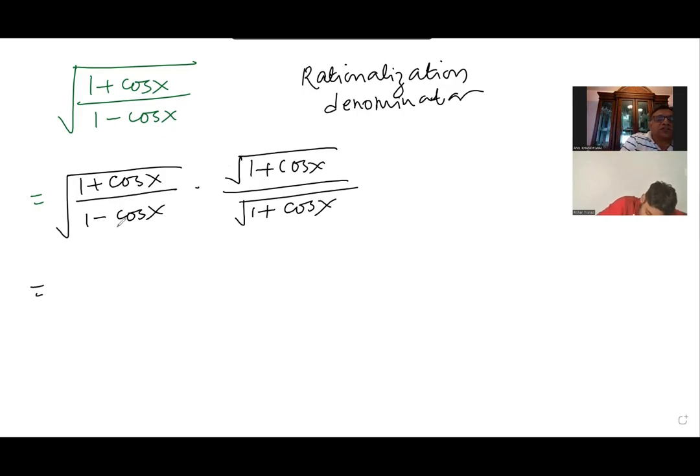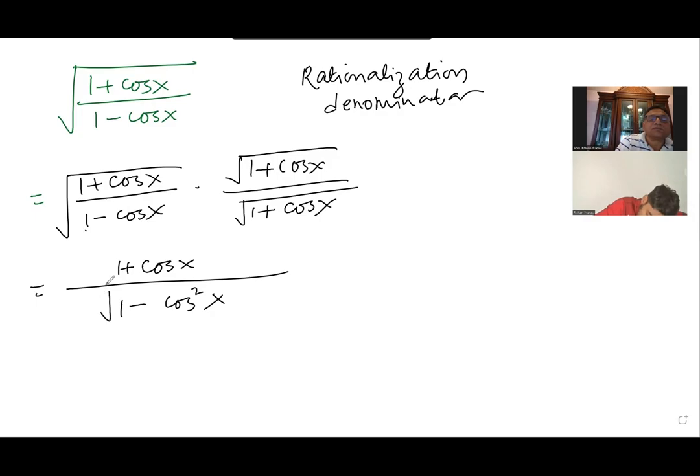And now you can expand this. The numerator becomes 1 plus cos x, whole square, and the denominator is 1 plus cos x times 1 minus cos x, which means 1 minus cos square x, all under the square root, correct? Now remember one thing: this expression is always positive, because the square root of anything is always a positive number, right?